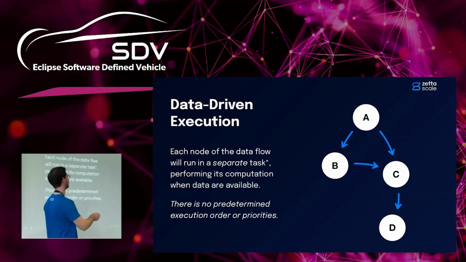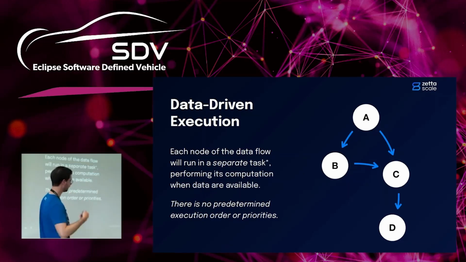You have nodes B and C that are both waiting for input from node A. So node A sends data, then the asynchronous executor can say, okay, both node B and C are ready to be run next. Except maybe C actually needs the input from B. So if your executor runs node C first, you're wasting CPU cycles.